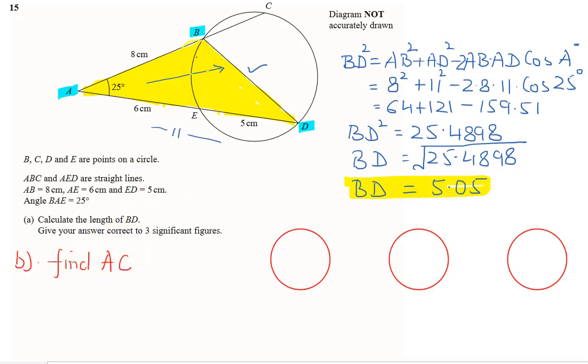We have to find AC. Now AC is an extended chord, or you can call it a secant. There is an intersecting chord theorem.